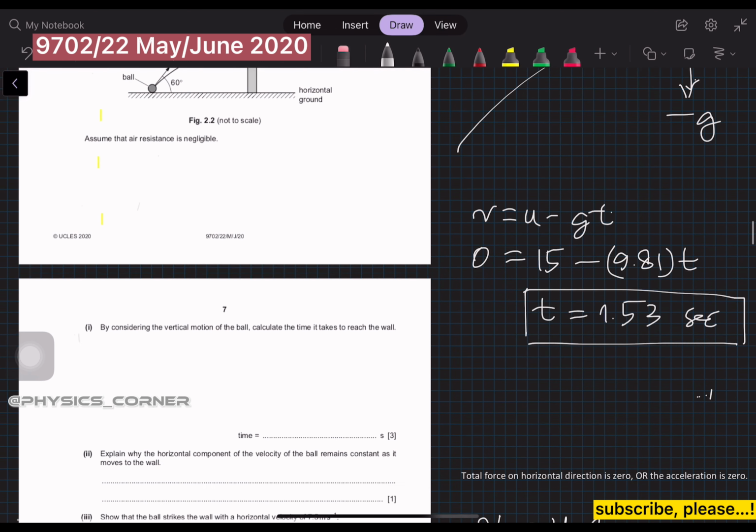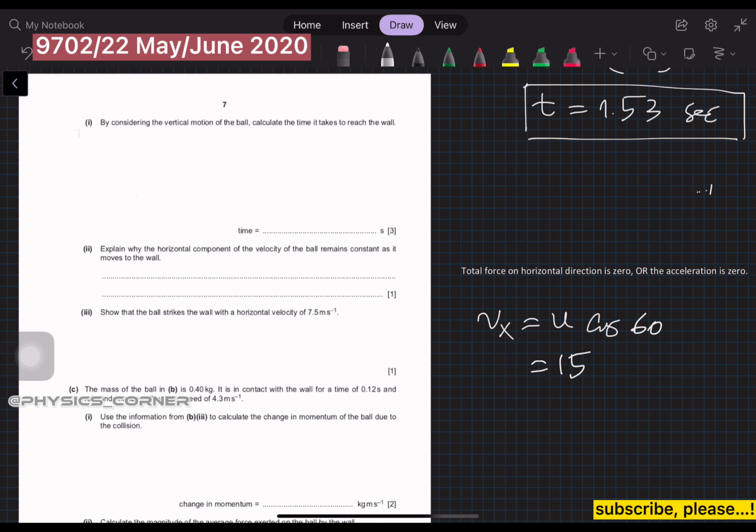U is 15 and cos 60 is half. So that is 7.5 meter second minus 1. Yeah, that's it. Done.